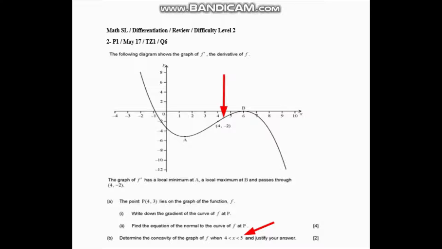Because f double dash is the derivative of f dash, it's the derivative of the derivative. And we know that if f is increasing, then f dash is positive. Similarly, if f dash is increasing, then f double dash is positive. So since f dash is increasing, hence f double dash is positive, and hence there is an upward concavity in the graph of f. Graph of f is upwards concave in this region.